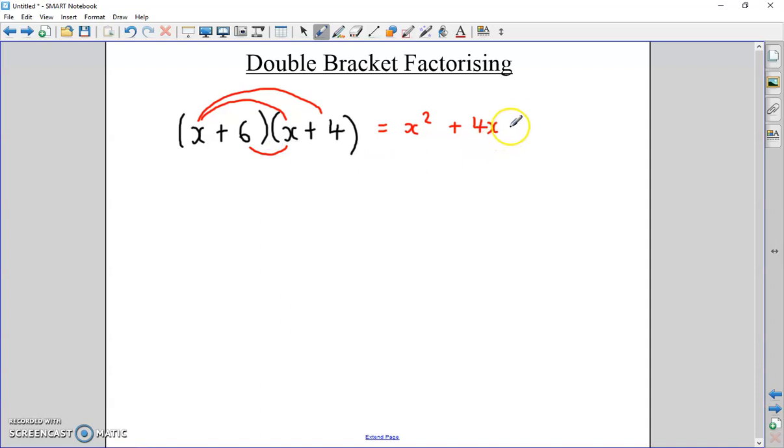We multiplied those, which gave us 6x. And we multiplied those, which gave us 24. And then with these two terms in the middle, we could collect them together because they are like terms. And that would give us a final answer of x squared plus 10x plus 24.